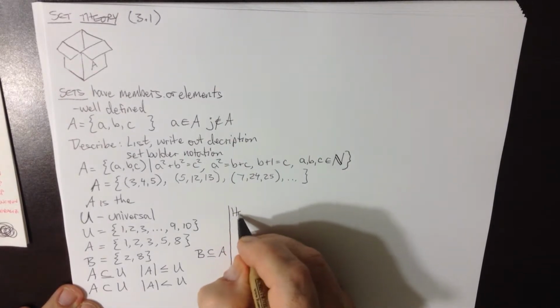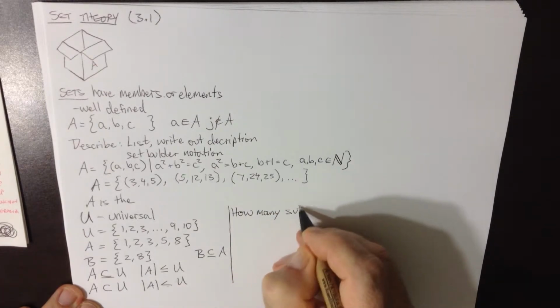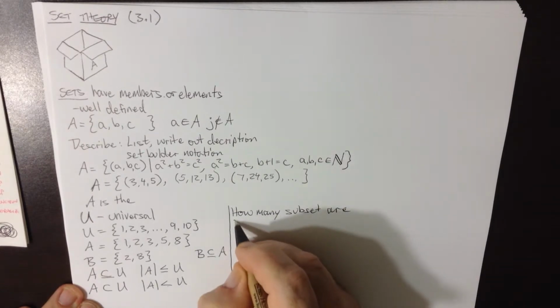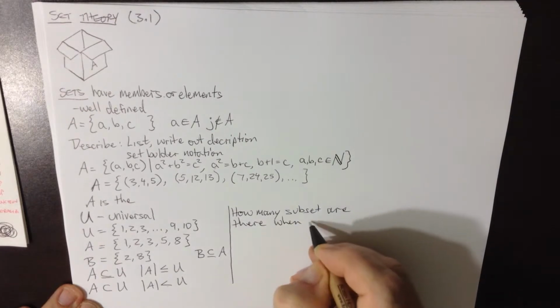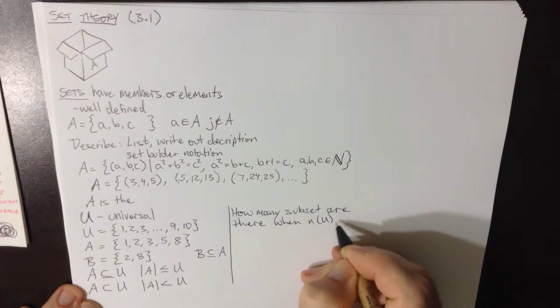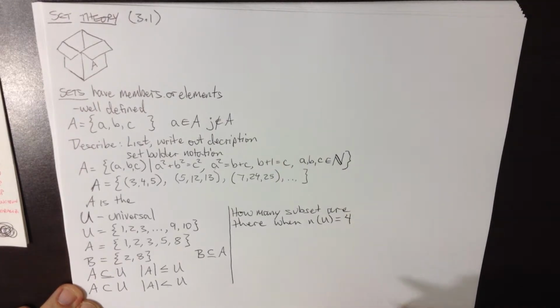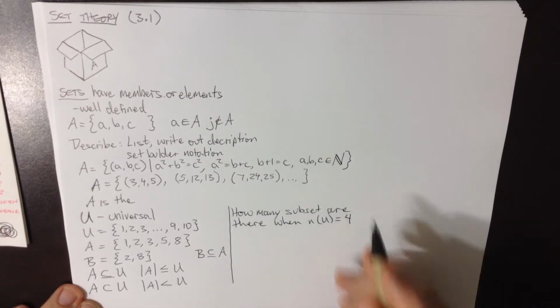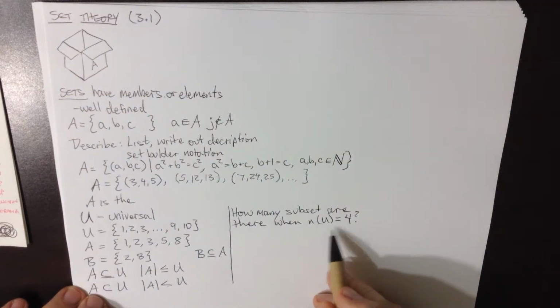How many subsets are there when the number of elements in U, the cardinality, is equal to 4?